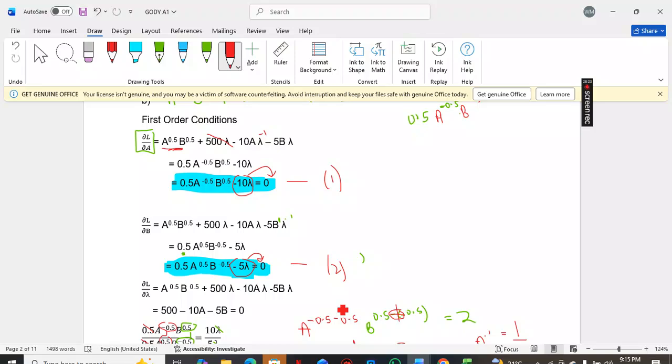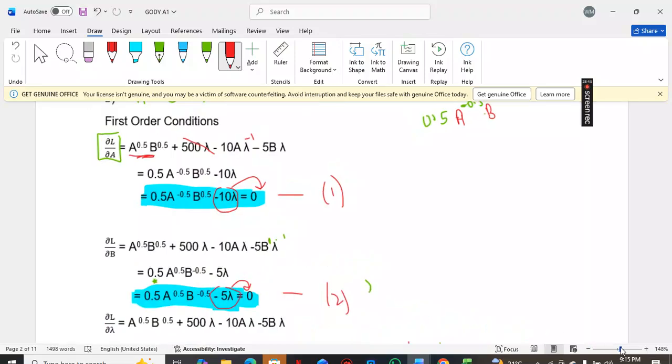Then where does this negative 0.5, the power of B, come from, or these powers which tend to become negative? That comes when we're deriving. So that's how those negatives come.